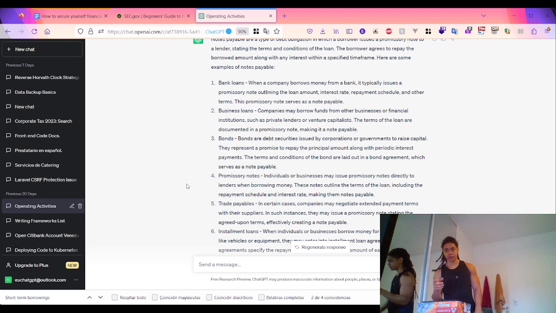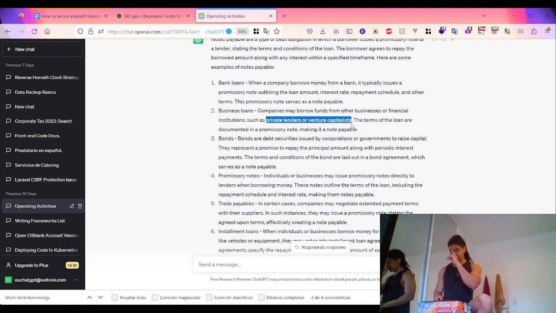Business loans are for a company that wants to borrow money from other businesses or financial institutions, such as private lenders or venture capitalists. The terms of the loans are documented in a promissory note, making it a note payable.